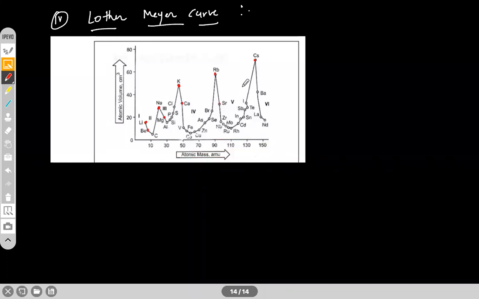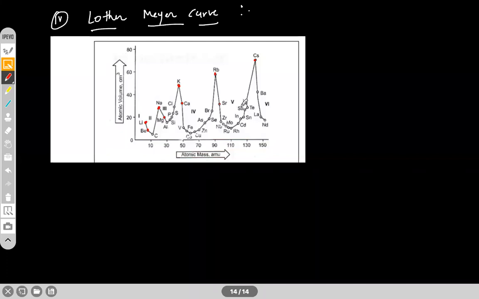Less electropositive elements, like the metalloids boron, carbon, silicon, and the transition elements, occupy the bottom part of the curve. You see carbon, copper, zinc here, silicon, sulfur this side, metalloids here. This kind of trend he observed.